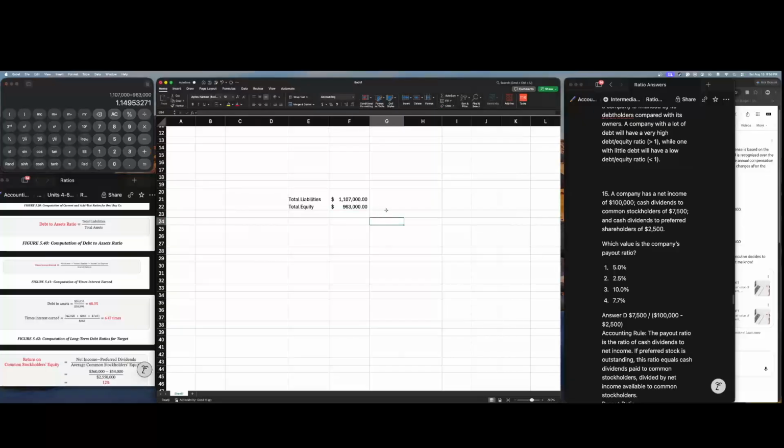The payout ratio. I believe it's net income divided by cash dividends.